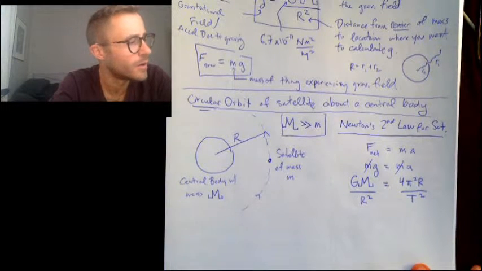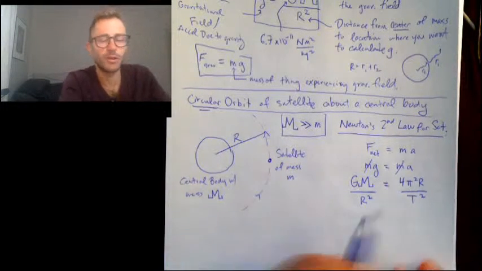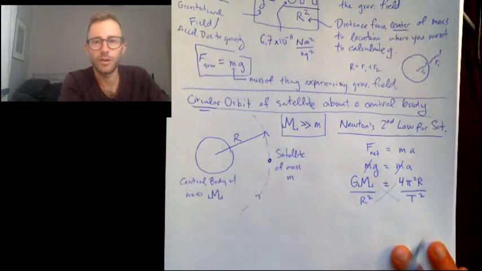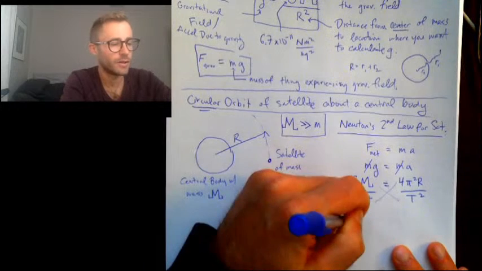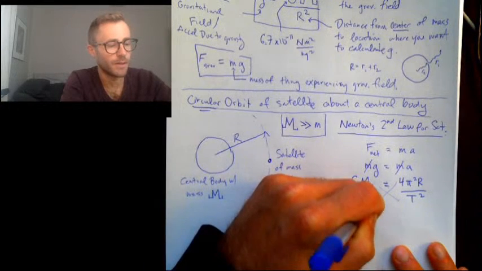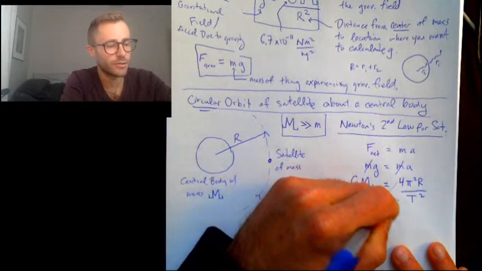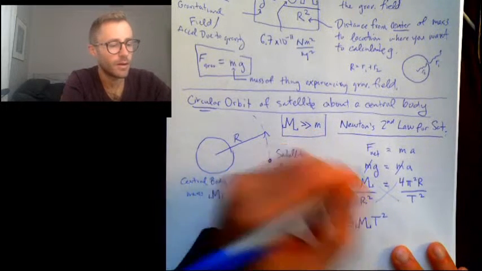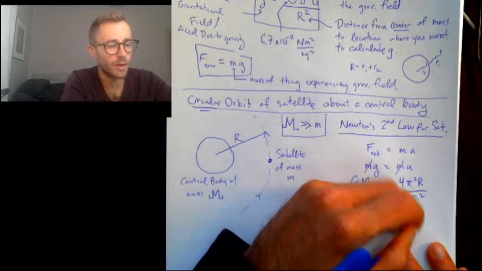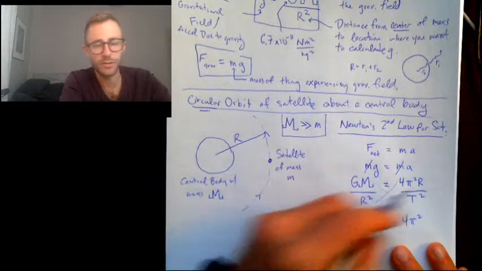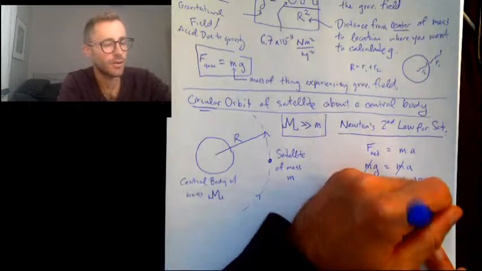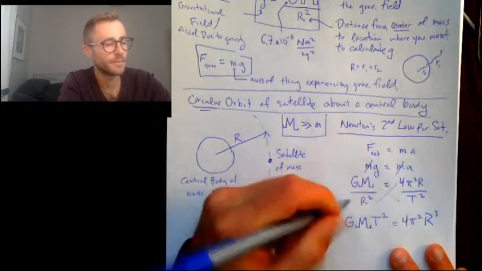Okay, so now what we do is we're going to cross multiply. Okay, so on the left-hand side, we have G big M T squared. Okay, and on the right-hand side, we have 4 pi squared, and we've multiplied this r squared by the r that's already on the right-hand side, so we get r cubed.